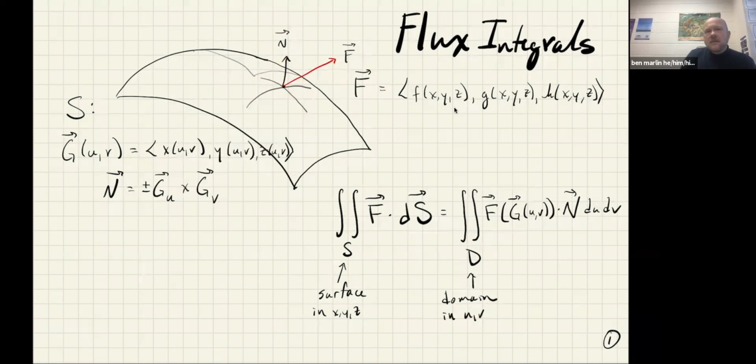And because you want to talk about the amount of flow that is in the direction perpendicular to the surface there, you take the dot product between the n vector and the F vector.